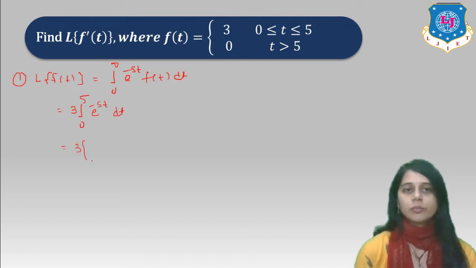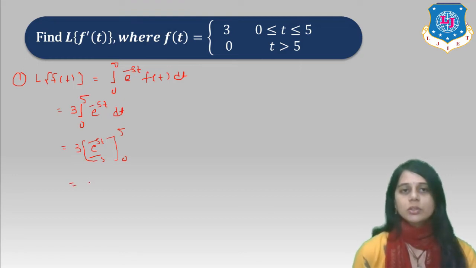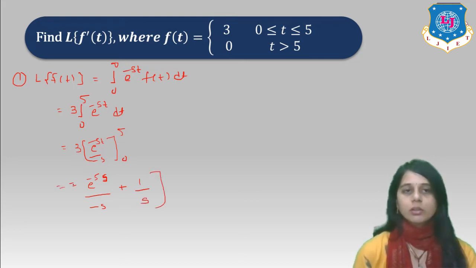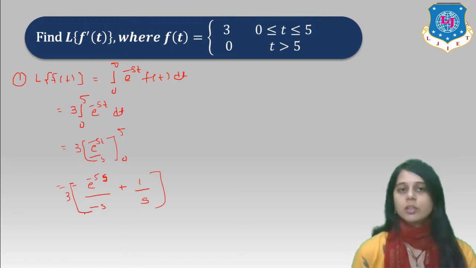So it is 3 e^(-st) upon minus s from 0 to 5. So it is e^(-5s) upon minus s plus 1 upon s, multiplied by 3. So we get 3 by s times (1 minus e^(-5s)).